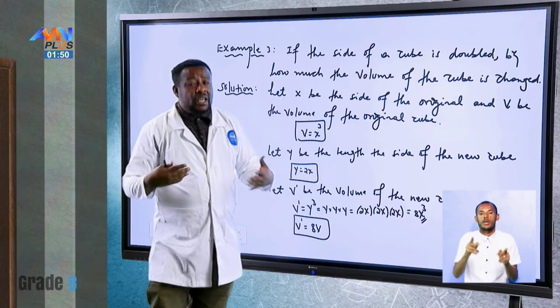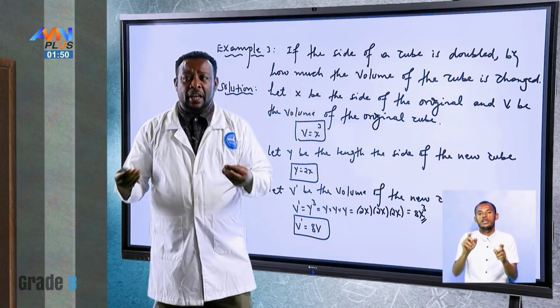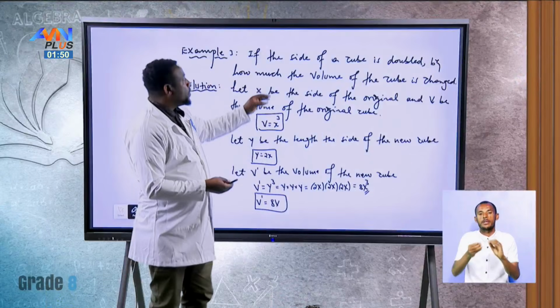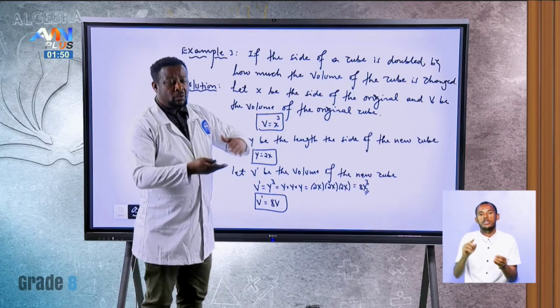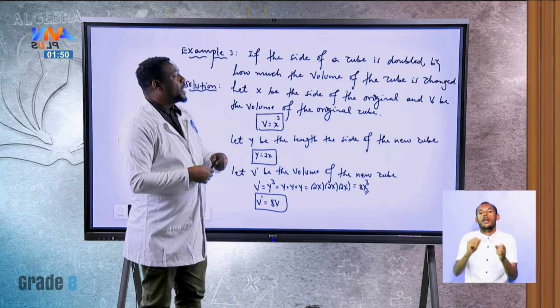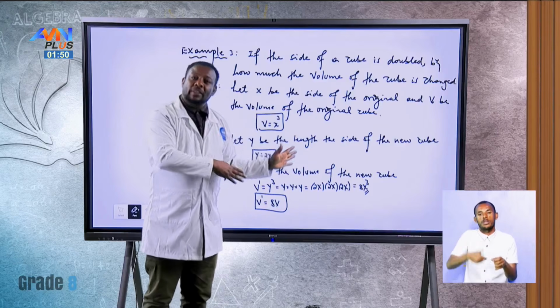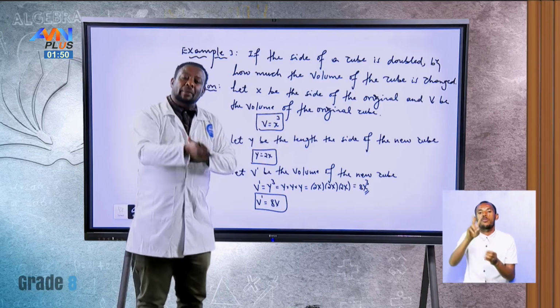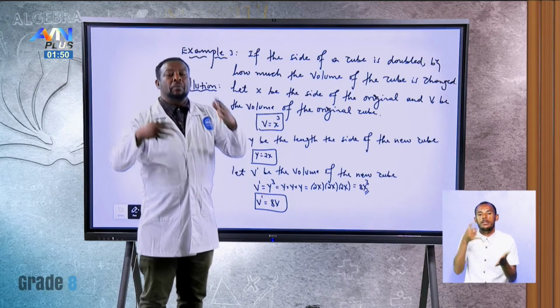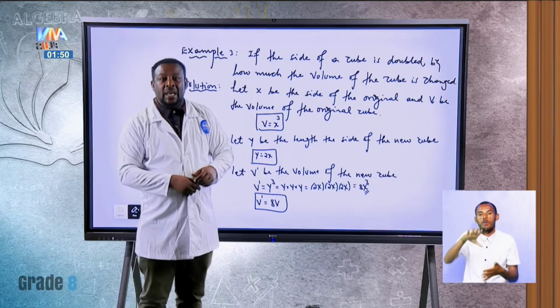To check this, you can give a certain number for the side of the original cube and calculate the volume, then double the side and compare the newly obtained volume.